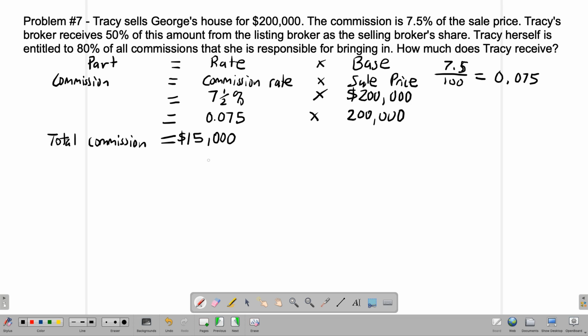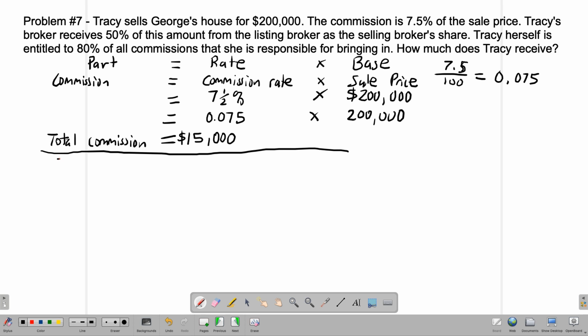Okay, now what we want to do is, we'll leave that there. So we say Tracy's broker receives 50% of this commission. So what we do is we show that 15,000.